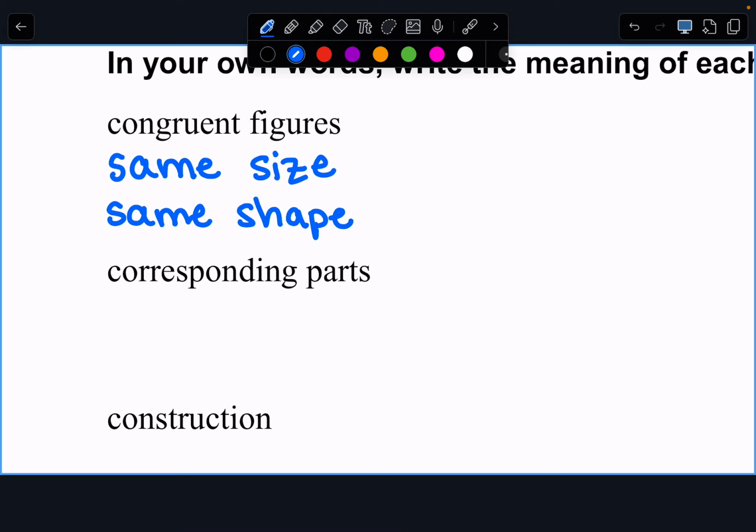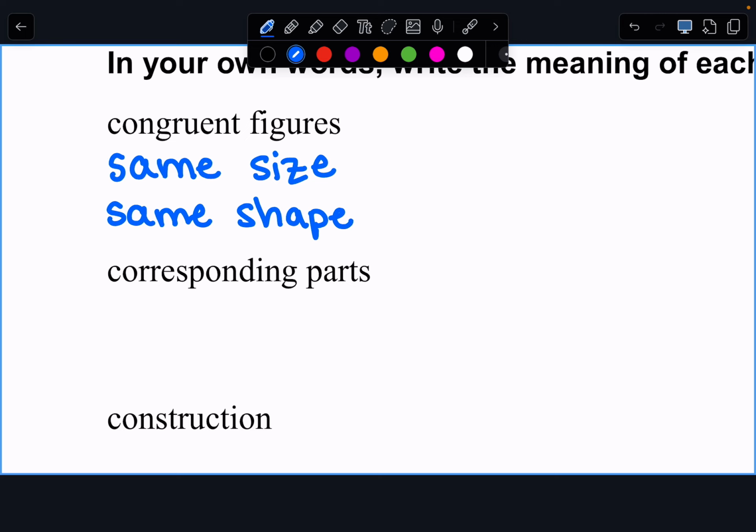We can prove that triangles are congruent by side, side, side; side, angle, side; hypotenuse, leg; angle, side, angle; angle, angle, side. Okay? Well, if we can show that two triangles are congruent, doesn't that mean that all of their corresponding pieces are congruent?